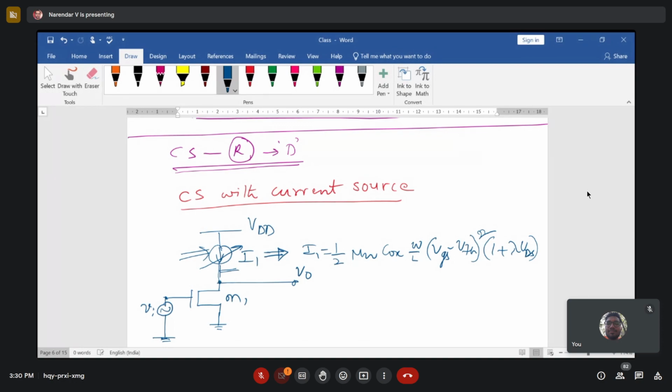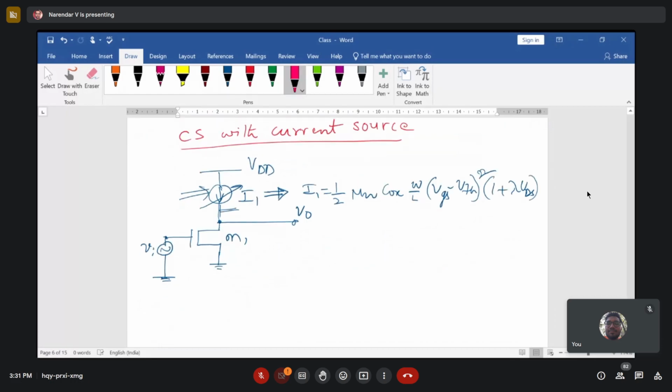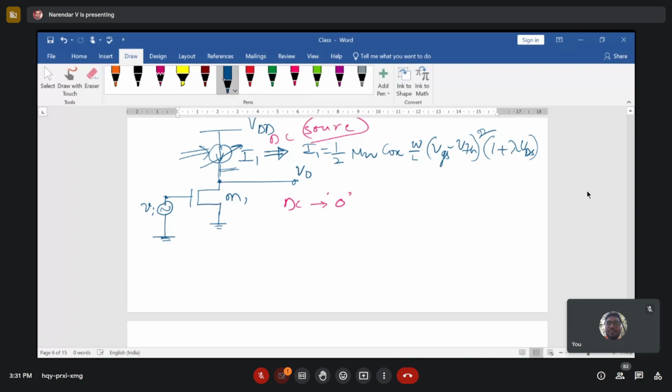That is what we have done in the previous analysis, and then we analyzed the gain of an amplifier. Now if you do that, DC sources are connected to ground, and we are assuming that this is our DC source, not a MOSFET based current source, just for the time being considered as a DC source. So you take a single MOS transistor, apply V input, and this is grounded. Now the channel length modulation factor that you want to account for, you can write it parallel to the drain to source terminal, and the source is connected to ground.